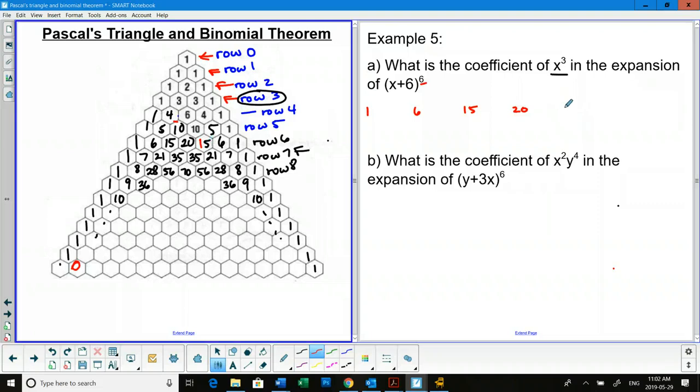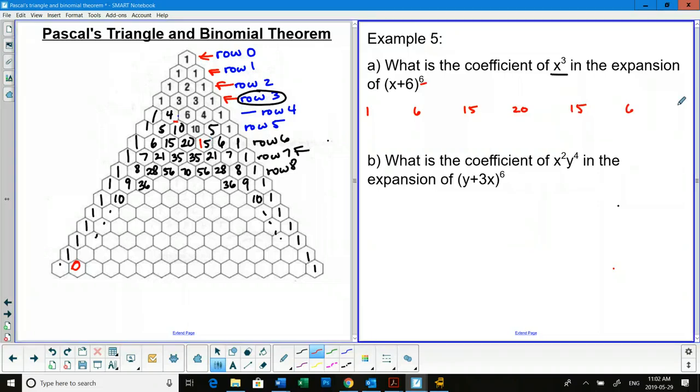This is supposed to be 15. 15, 6, 1. And then I really just want to figure out where the x cubed term is, and as soon as I find that, I can just stop writing things out. So we'll start with x on the left, so it'll be x^6, x^5, x^4. Oh, and this one's the one I need, x cubed.